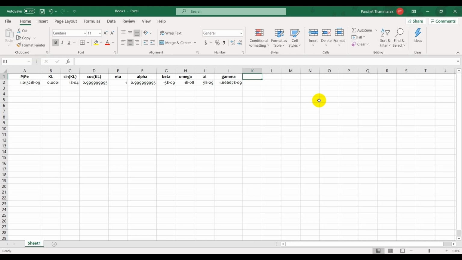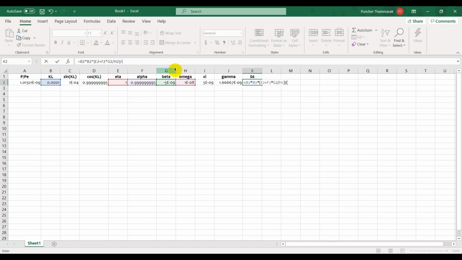Okay, so S6 is equal to, right, a huge KL square multiplied by eta plus alpha times beta divided by omega, and that is the numerator.